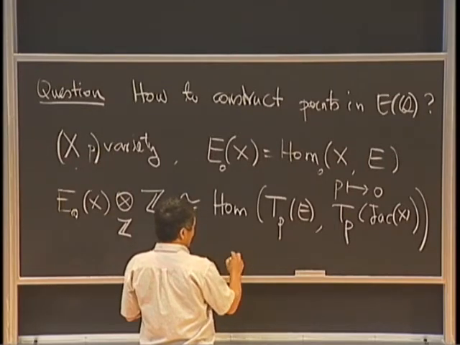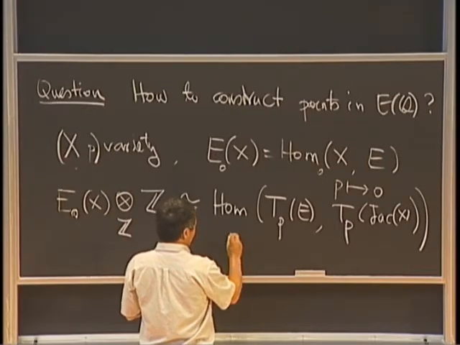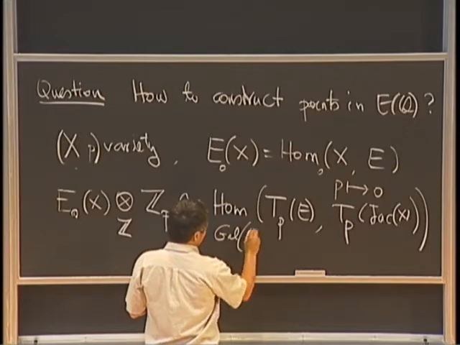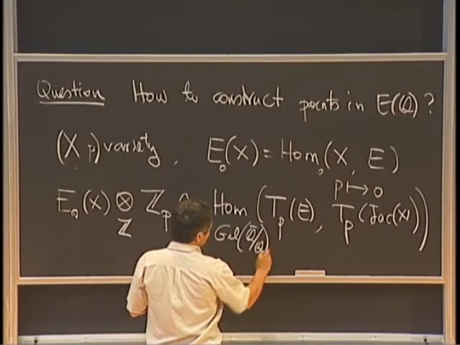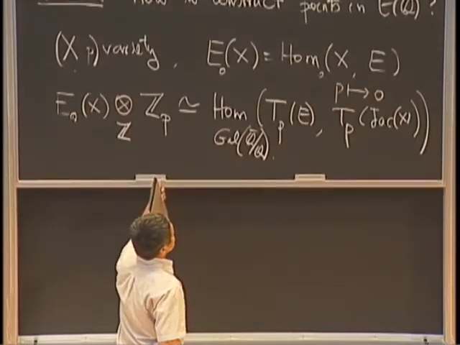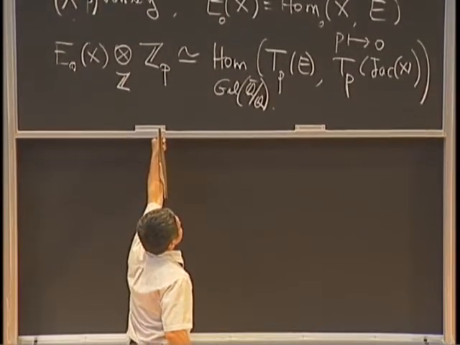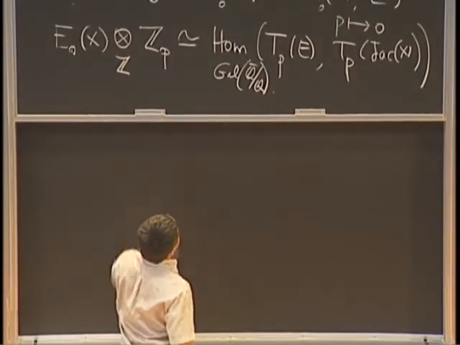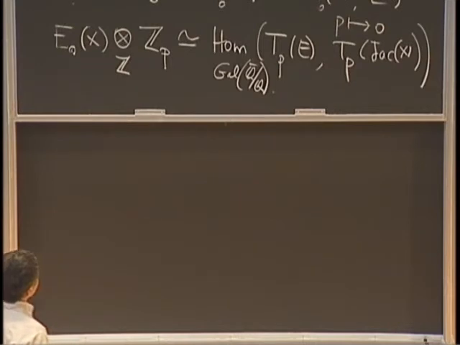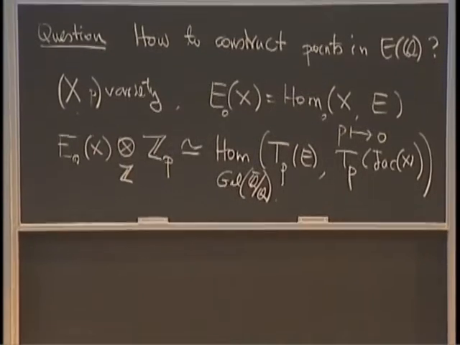This is a homomorphism compatible with the Galois group of Q-bar over Q. So this is a remarkable work, for varieties of high dimension. The existence of X points is equivalent to some statement about the Galois group.